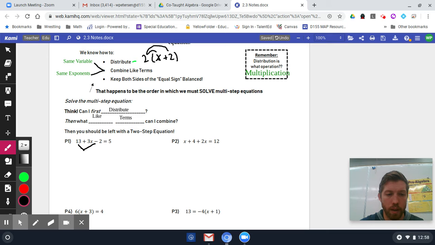That's only when we bring it to the other side of the equation. When it's on the same side of the equation, we just add and subtract as it says right there. So this says 13 minus 2.